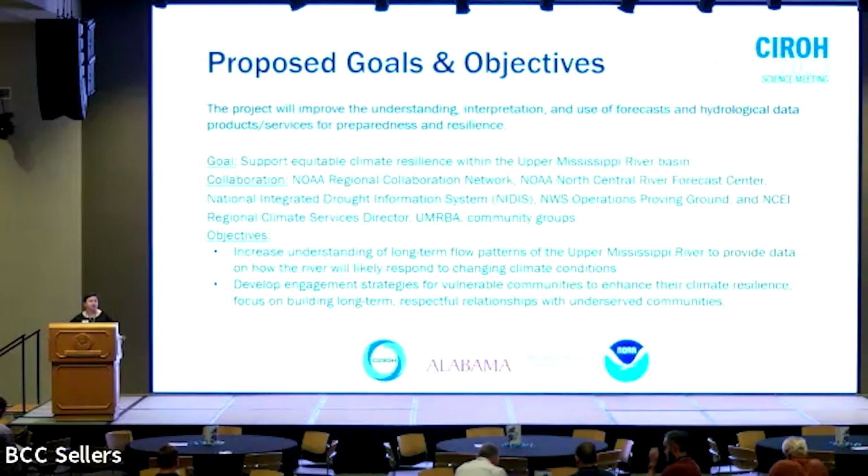This project involves a team of probably about 20 people. We work with 5 different NOAA entities: the NOAA Regional Collaboration Network, the National Integrated Drought Information System, the NWS Ops Proving Ground, NCEI's Regional Climate Director, and the NOAA North Central River Forecast Center.